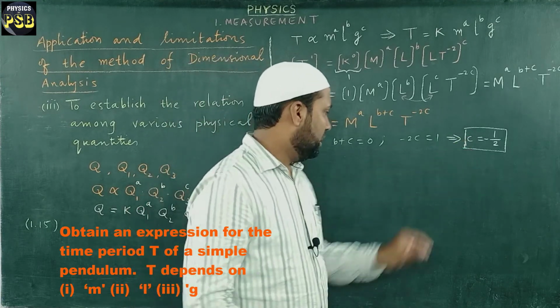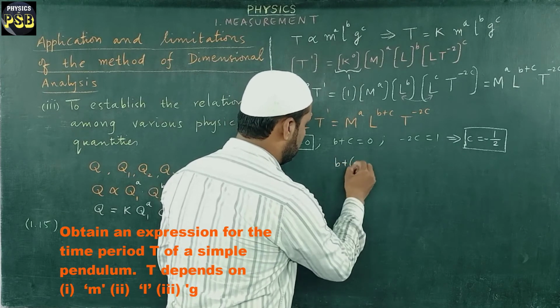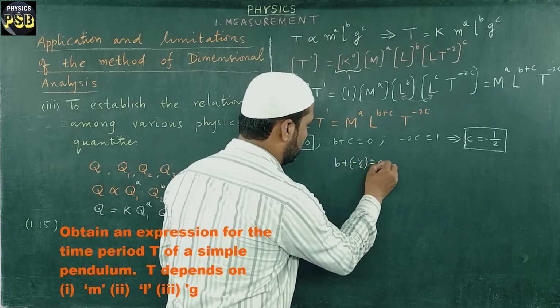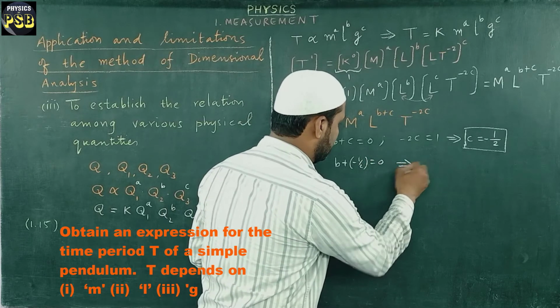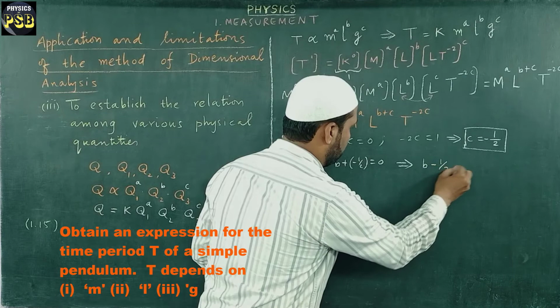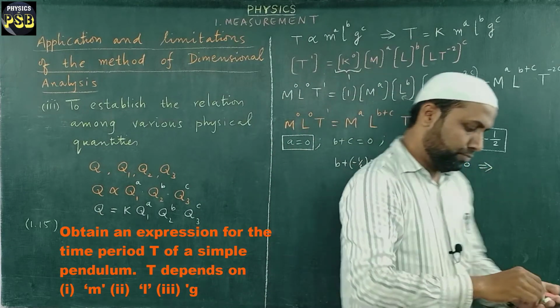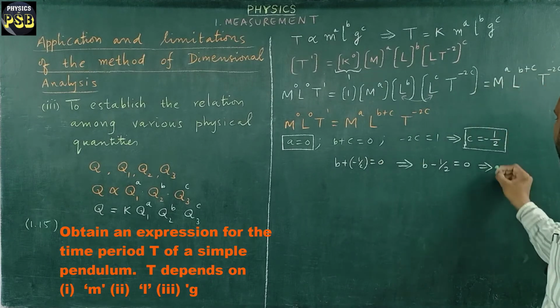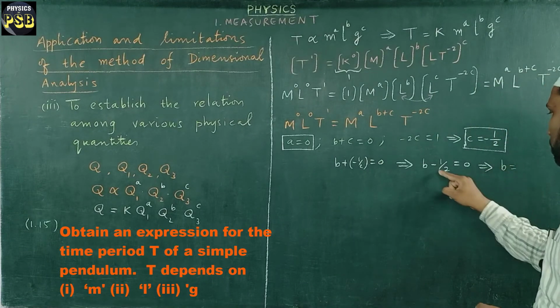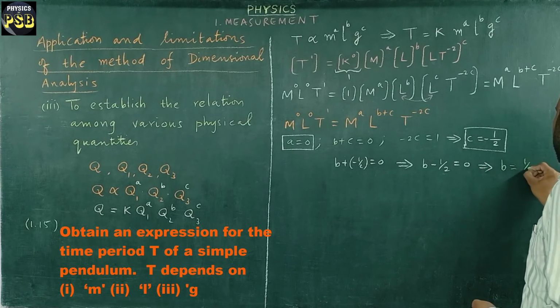We know the value of C, so I am going to mention it here. B plus minus half equals 0. So what do I get? B minus half equals 0. And that's nothing but B, where the half is taken to this side and it becomes plus half.